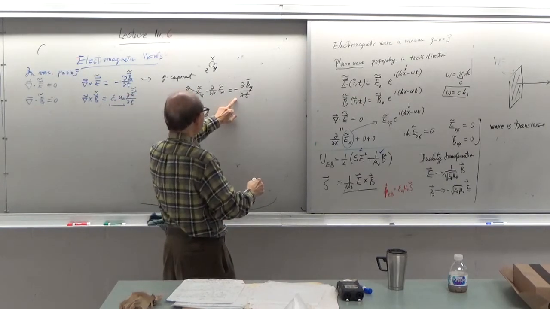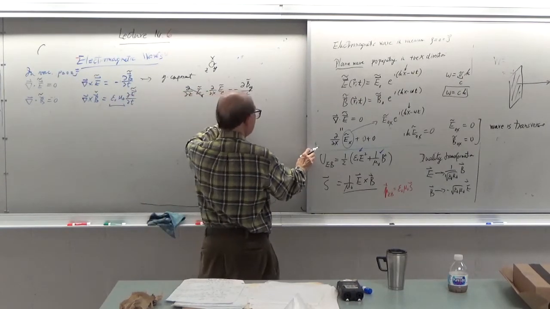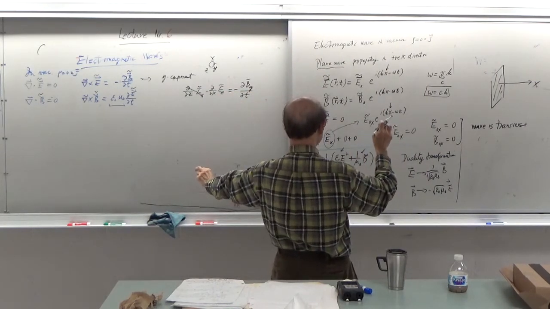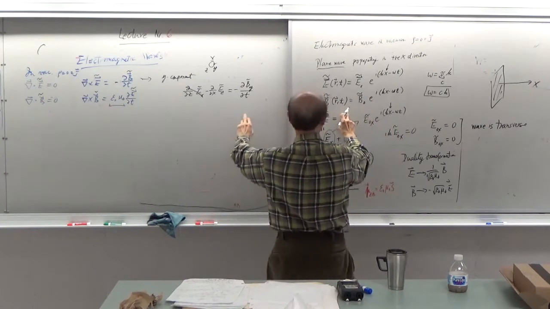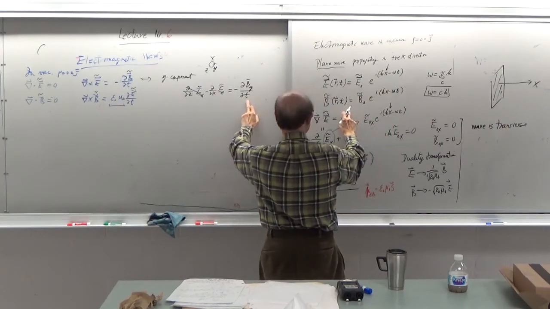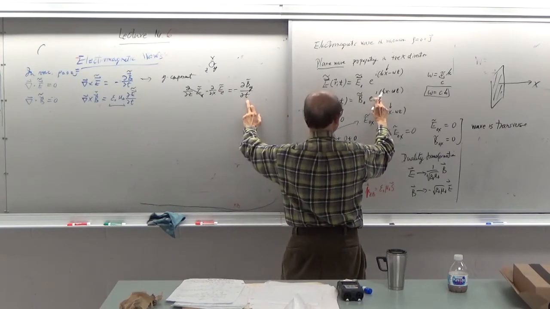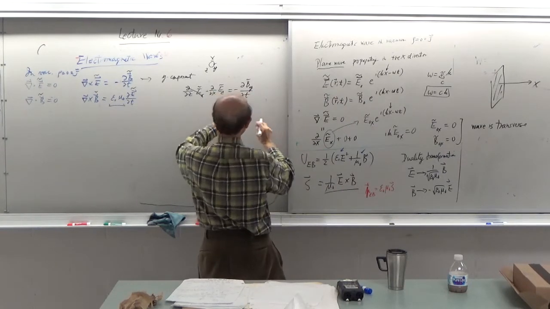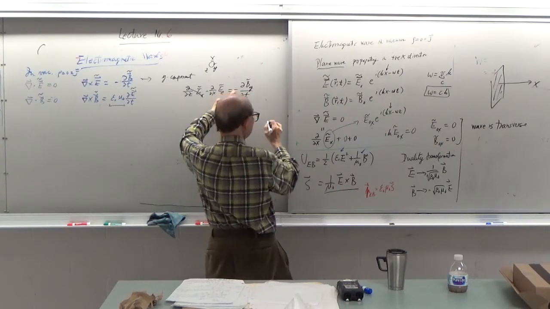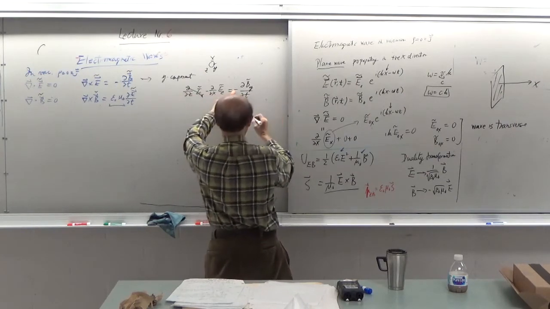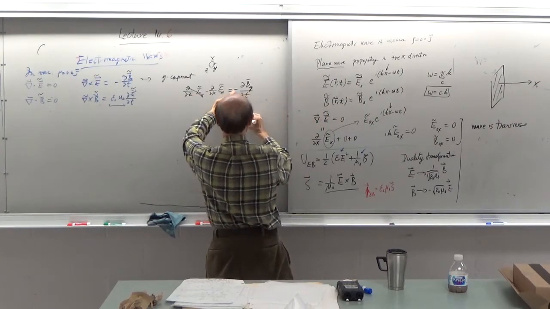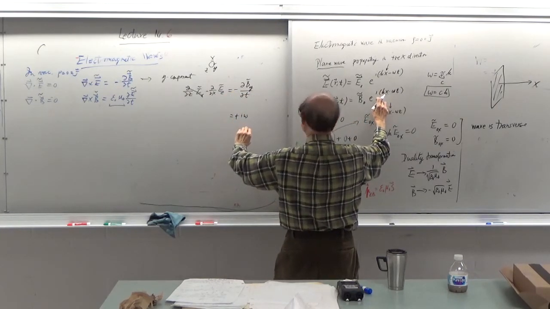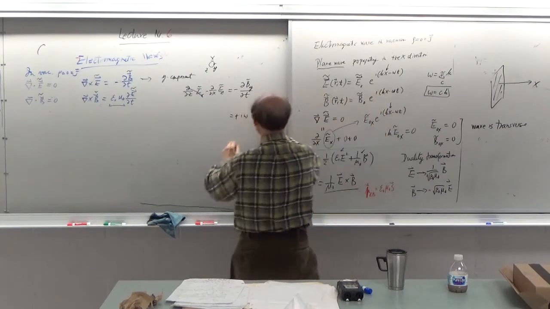Okay, this B field. Derivative with respect to time will bring down a factor of minus i omega. So this is minus, minus is plus. I hope I have the minus correct. I omega times B y.